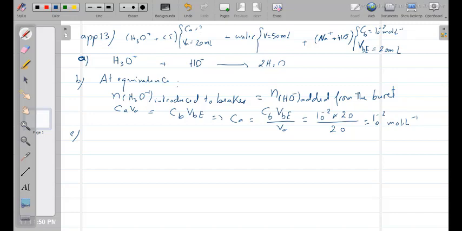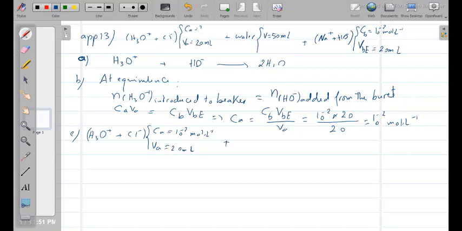C. We need to calculate the pH of the solution after addition of 10 milliliter of sodium hydroxide. The composition is: we have hydrochloric acid solution of Ca determined equal to 10 negative 2 mole per liter, Va equal 20 milliliter.